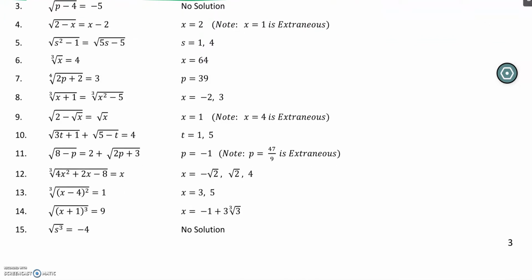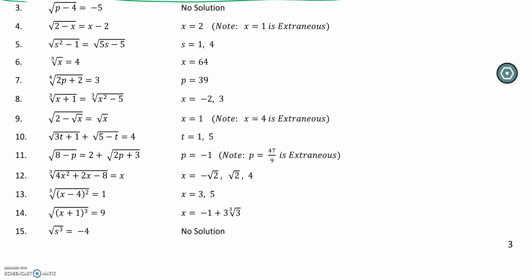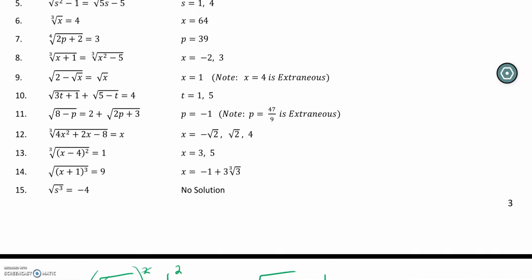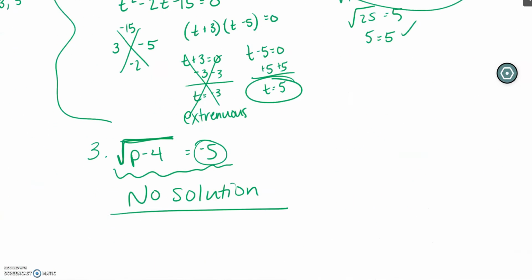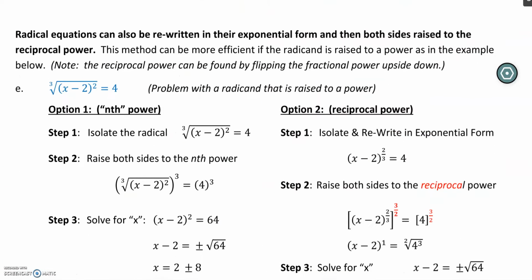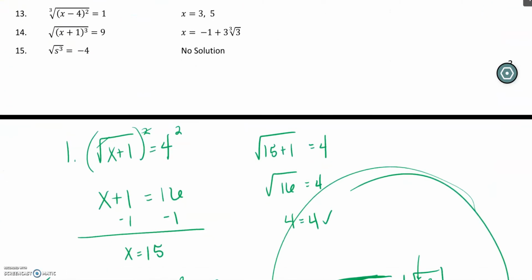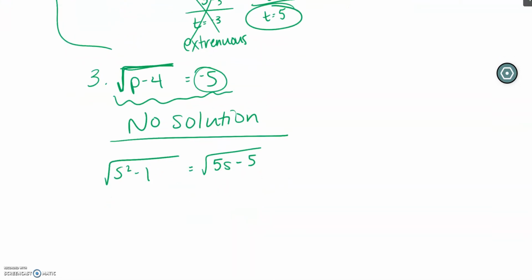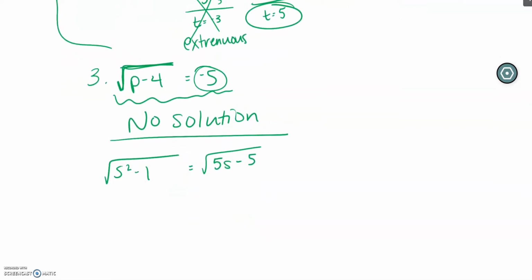Let's do 5 and 6. Okay, so if you have a square on both sides, and you wanted to get this s by itself, you'd have to square this side.